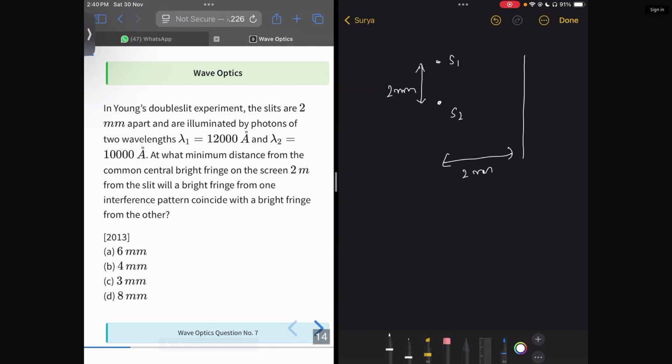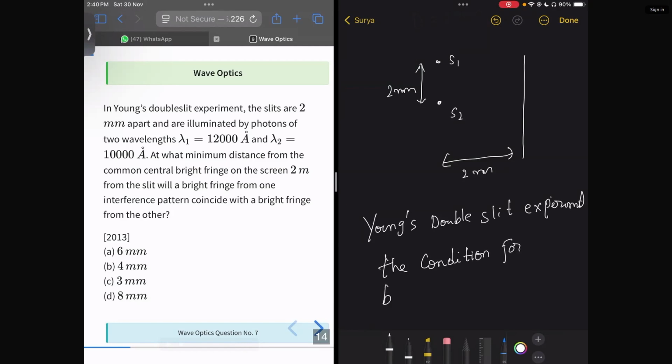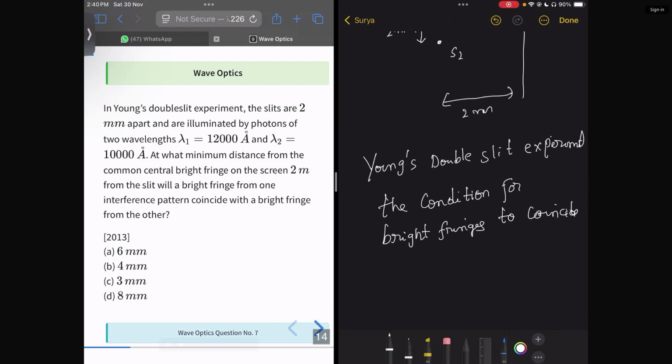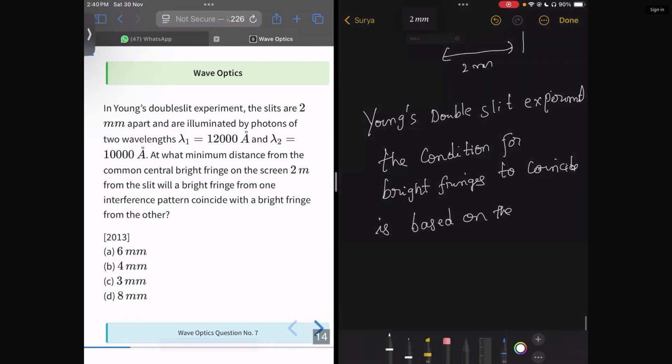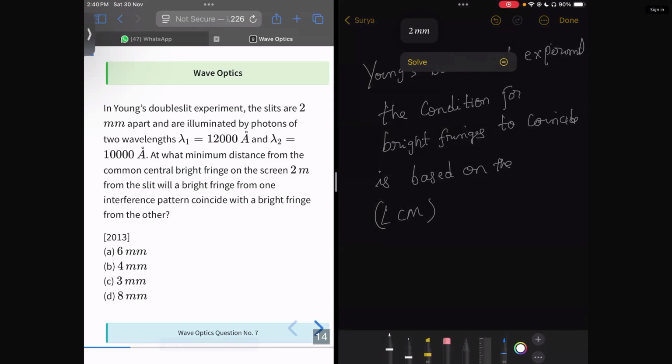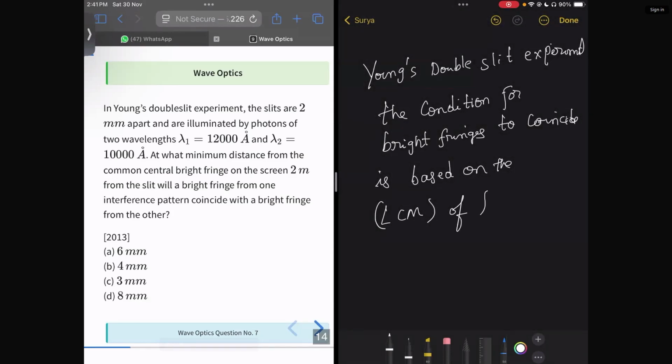The least common multiple principle applies to the fringe spacings corresponding to the two wavelengths.